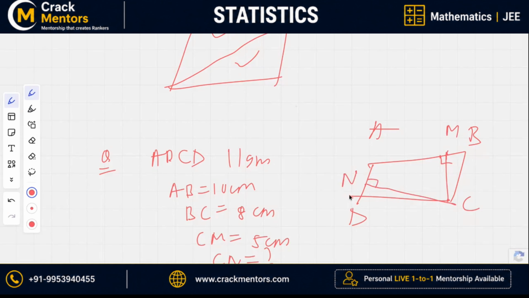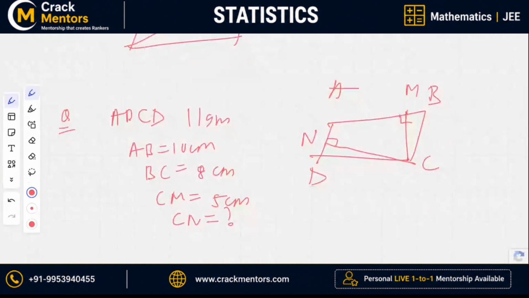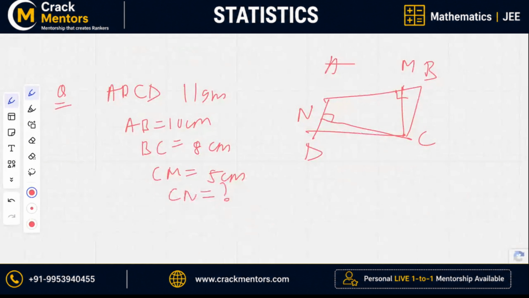Can you just scroll up a bit because I can't see the last part? Okay. I have to find CN. Yes. Okay. Give me one second. ABCD is a parallelogram, and this is N. Both are right angled.